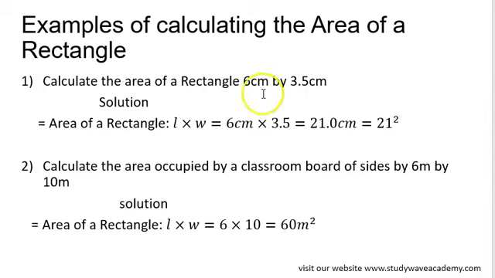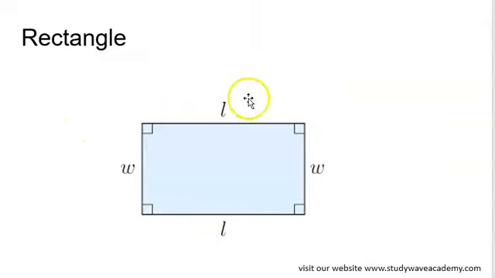The first step we are going to do is write out our formula. The area of a rectangle, how do we write it? Is length times width, right? They say we should calculate the area of our rectangle which is 6 centimeter by 3.5 centimeter. So our length is 6 centimeter here and our width is 3.5 centimeter.